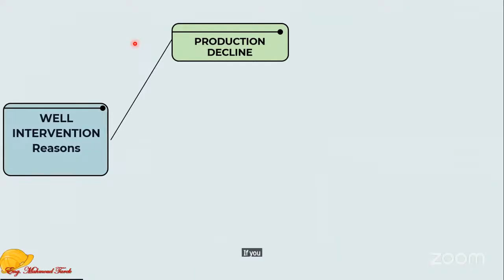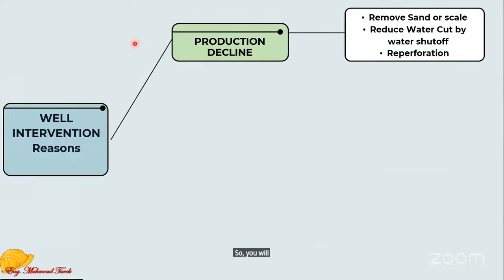If you are monitoring your well and you have a production decline, you will interact with it, but we must find the reason behind the production decline, whether it's a pressure build up, the scale build up, sand plugging the formation, increasing water cut, or maybe the perforations are plugged.